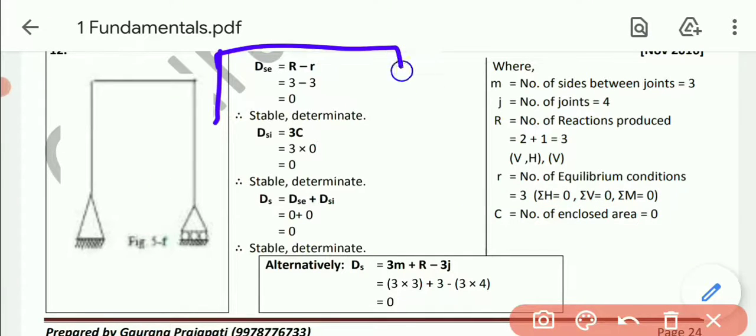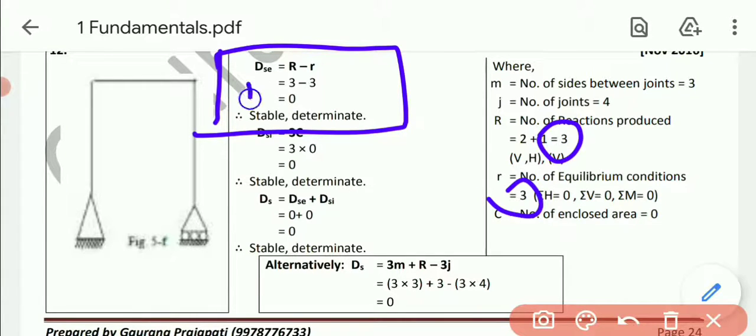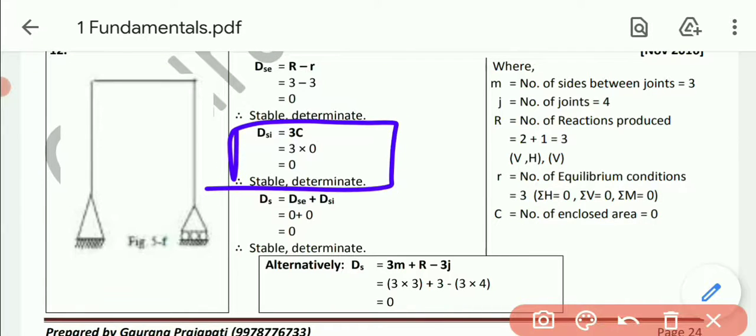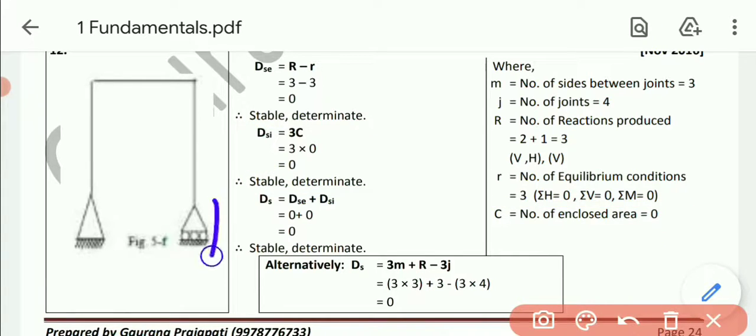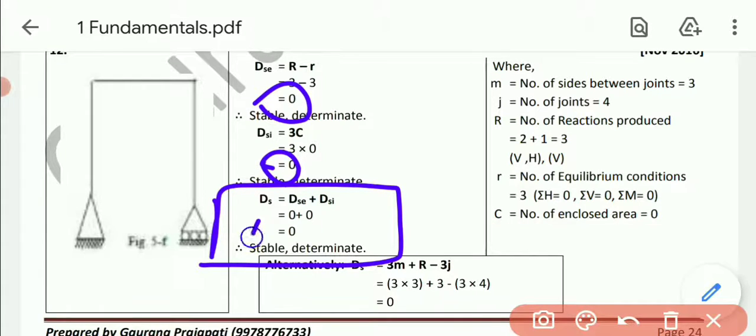So DSE is capital R minus small r: capital R is 3, small r is 3. So 3 minus 3 is 0, so stable and determinate. DSI is 3 times C, the enclosed area C is 0, so 3 times 0, answer comes 0. Stable and determinate. And finally DS is DSE plus DSI, 0 plus 0, answer comes 0. We can say stable and determinate.